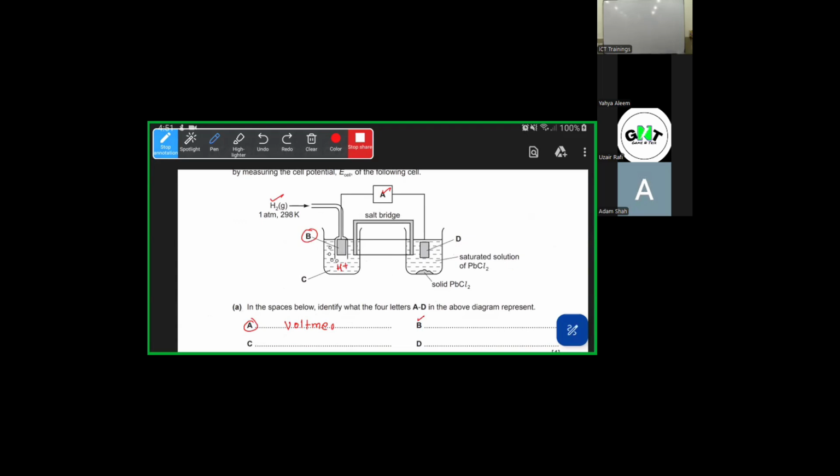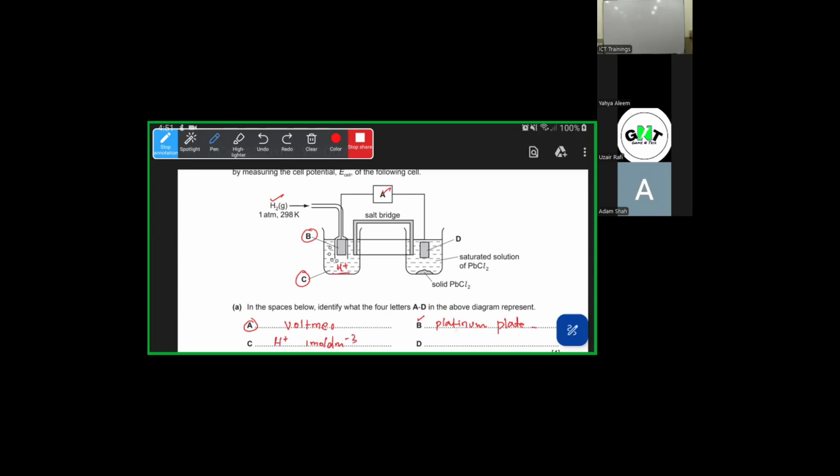So this is the platinum plate. So B, that is the platinum plate with hydrogen. Okay, and C, these are the hydrogen ions. Okay, so H positive ions, and the concentration of H positive ions should be 1 mole per dm3.